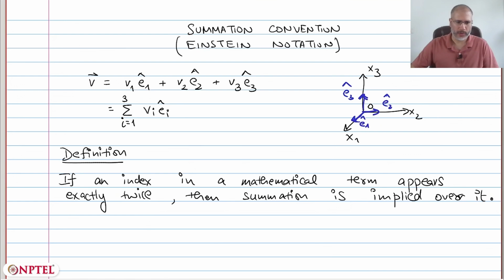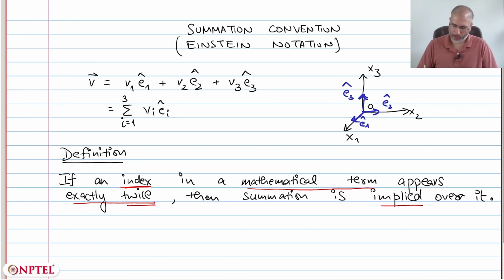The rule says that if an index in a mathematical term appears exactly twice, and that's very important, then a summation is implied over it.